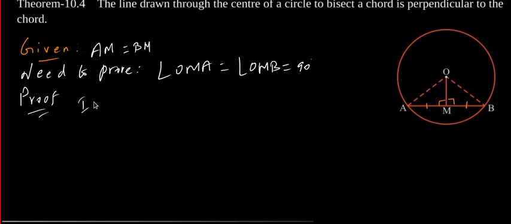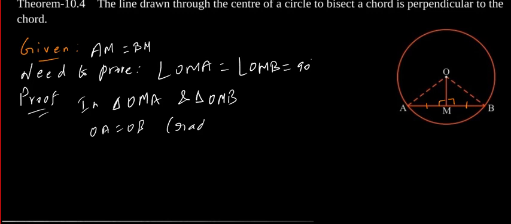So in triangle OMA and triangle OMB, in both of these triangles, OA equal to OB because they are radii. OM equal to OM, that is the common side, and it is given that AM equal to BM.